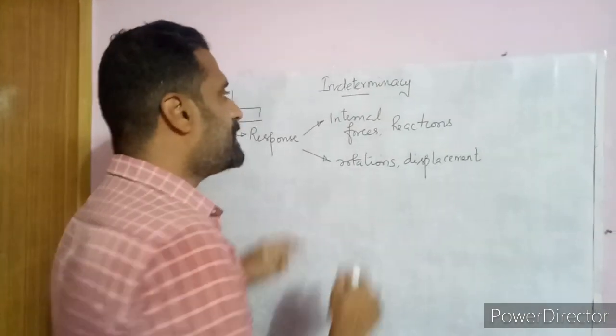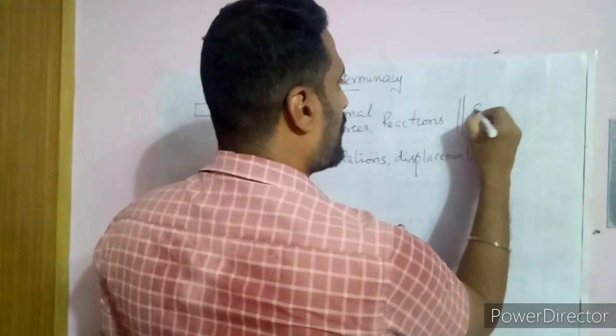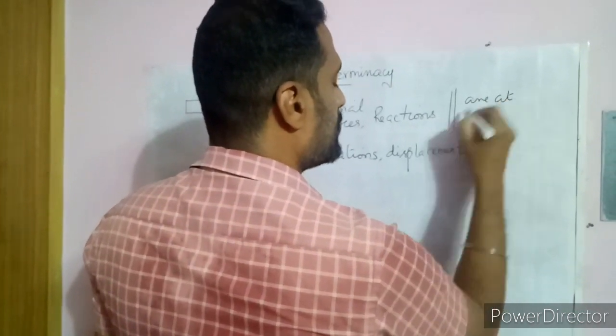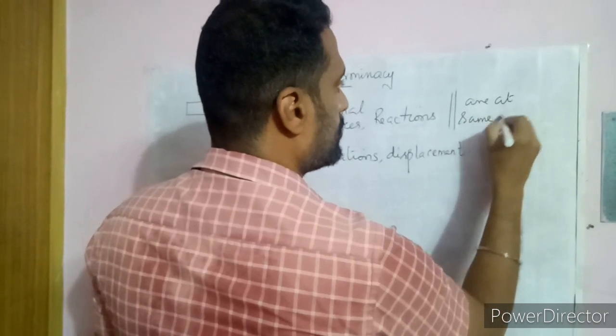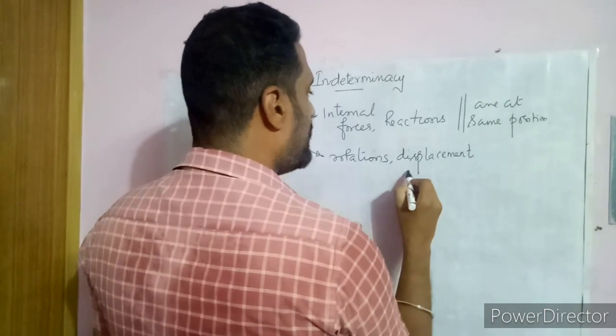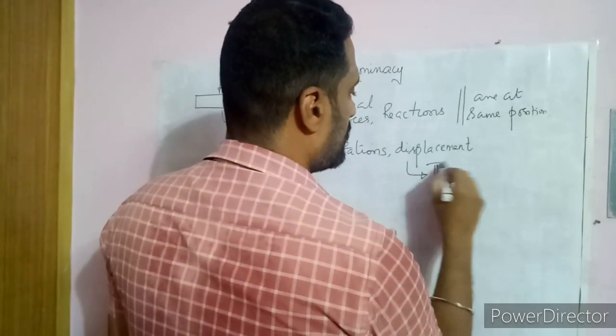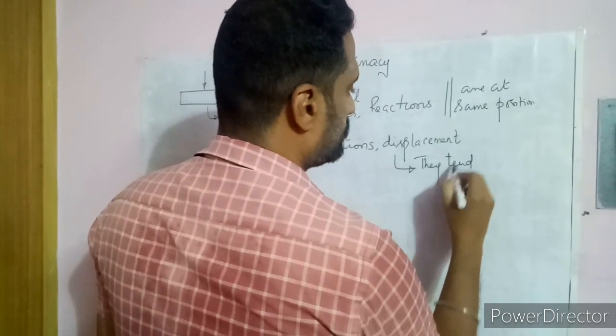Okay. So out of this, these internal forces and reactions are at the same position. Means it won't move. But in case of rotations and displacements, they tend to move.